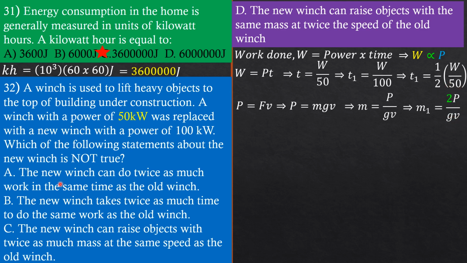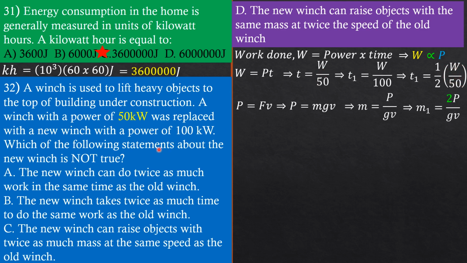Okay, let's look at the options, guys. Option A is saying that the new winch can do twice as much work in the same time as the old winch. Wrong, guys. It cannot take the same time interval, because we just saw that the time interval is half of the initial, so it's going to be half of W over 50, which is the initial time.